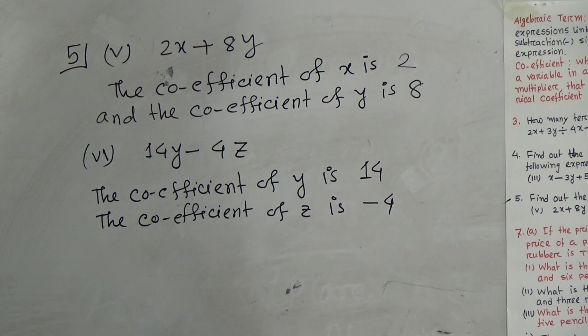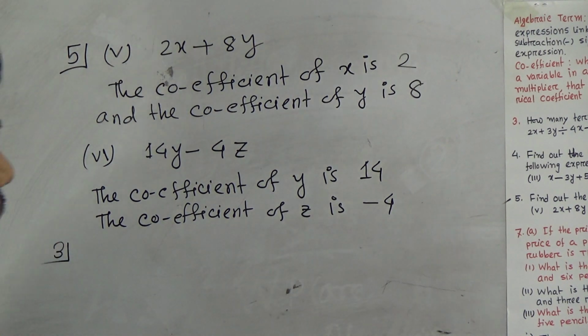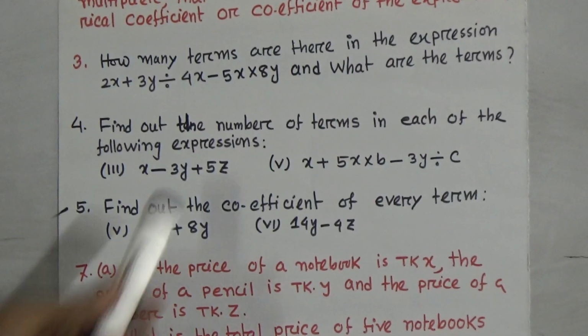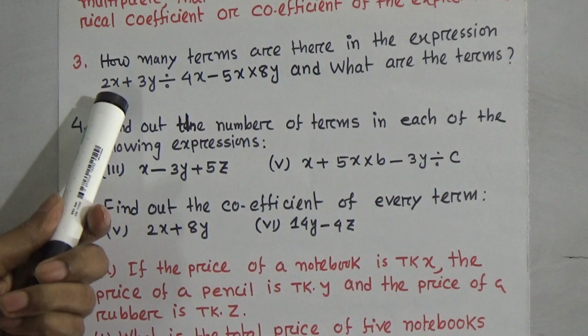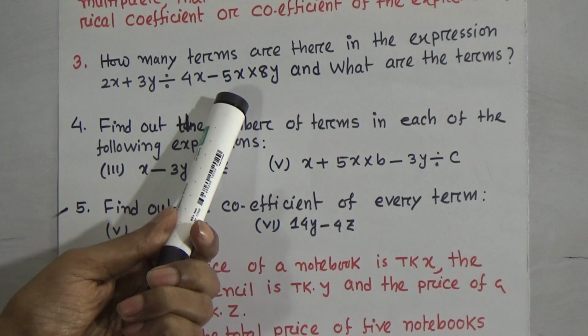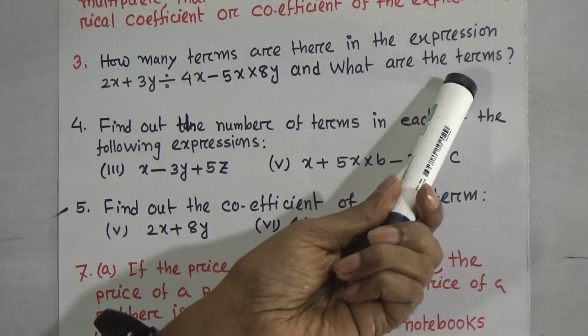Okay. Now I will discuss question number 3. Look, student. Question number 3, how many terms are there in the expression? 2x plus 3y division 4x minus 5x into 8y, and what are the terms?